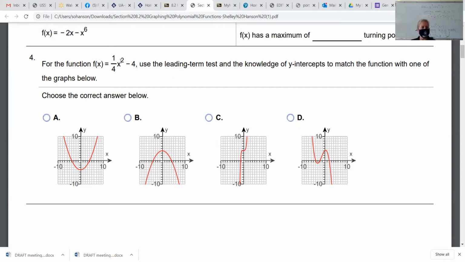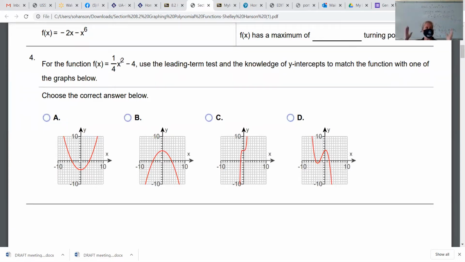If I'm 1/4 x squared minus 4, what's my highest exponent? 2. So it's an even end behavior, right? Even end behavior either means both up or both down. They just have to be the same as each other.